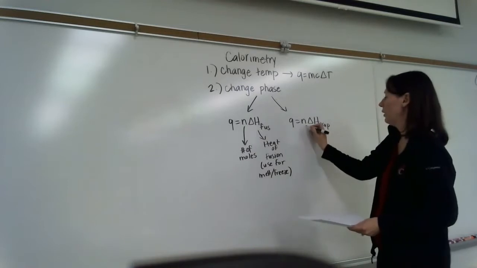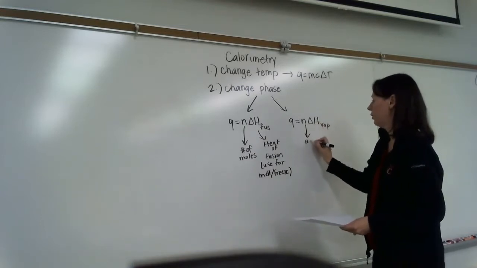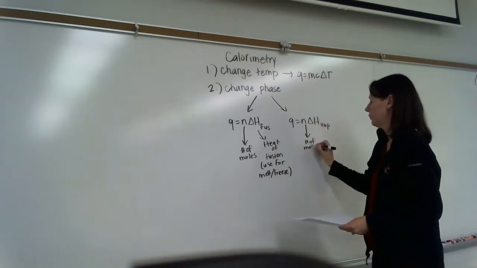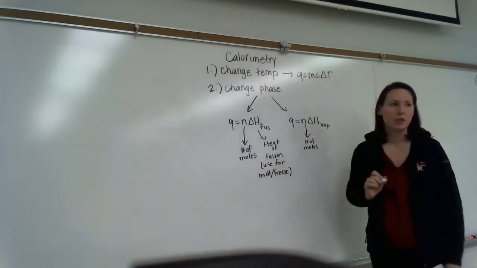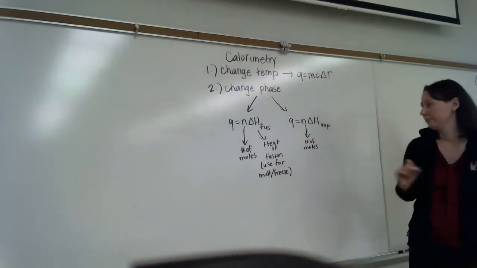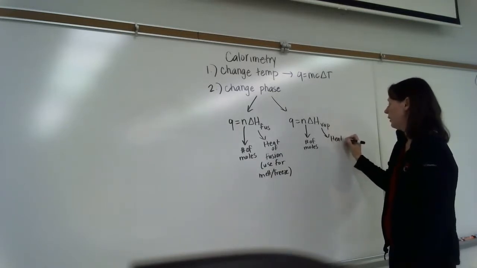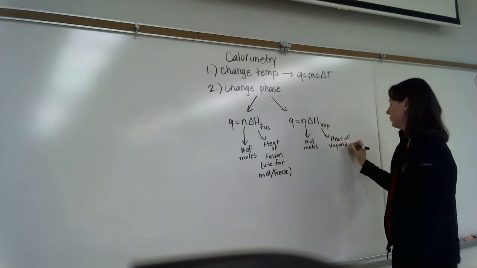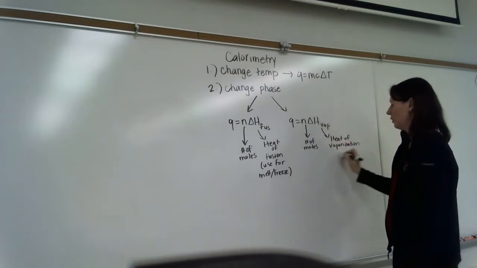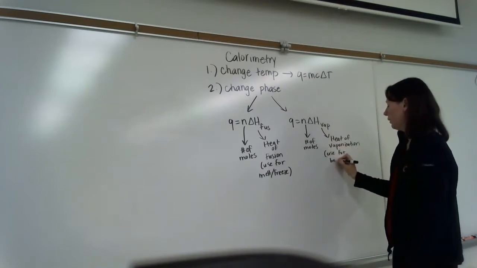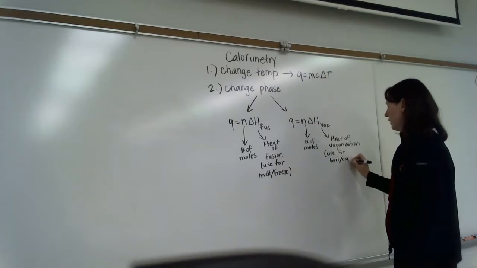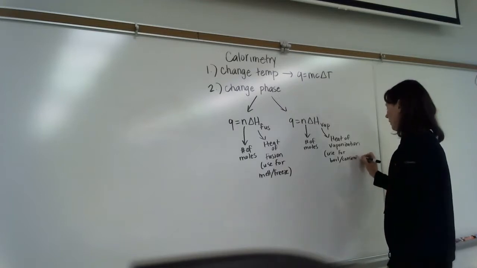Okay, over here, N is still number of moles. So if I give you grams, obviously you'd have to convert it to moles first, right? And then delta H vap is called the heat of vaporization. And so you're going to use this one for boiling and condensing.